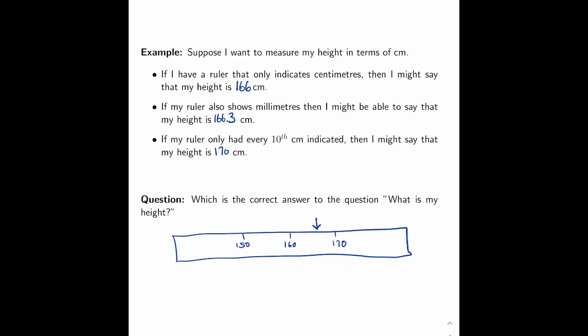So I have a feeling, at least personally, I would describe that as 165. So I wouldn't necessarily only go with the 160 or 170, but I probably wouldn't attempt to go more precise than just finding the midpoint between two of those measurements.